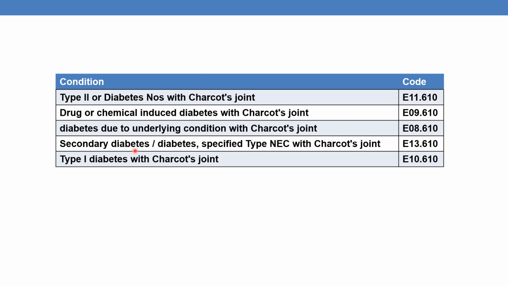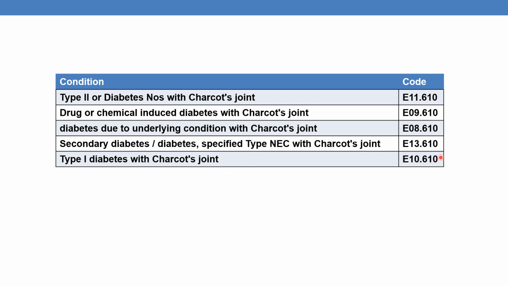For secondary diabetes mellitus or diabetes of a specified type, NEC, which is not elsewhere classifiable, or in other terms, other specified, with Charcot's joint, the code is E13.610. And for type 1 diabetes mellitus with Charcot's joint, the code is E10.610.